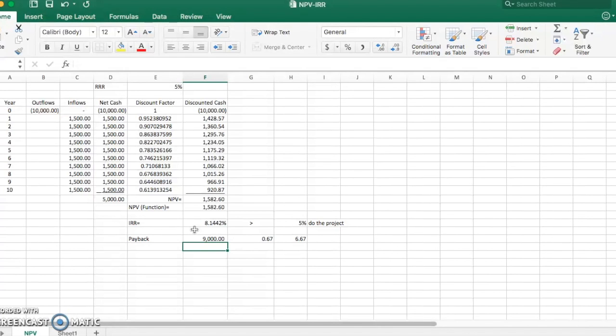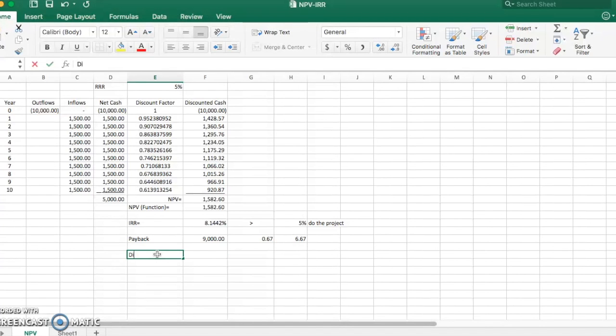None of that's discounted. And secondly, it also ignored the cash flows after year 6. Your investment goes 10 years, so it says, hey, in 6 point something, I'm paid back. So not a very good measure to be your sole reason for investing in a project.